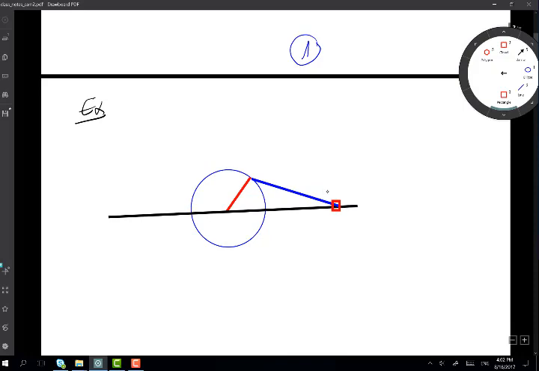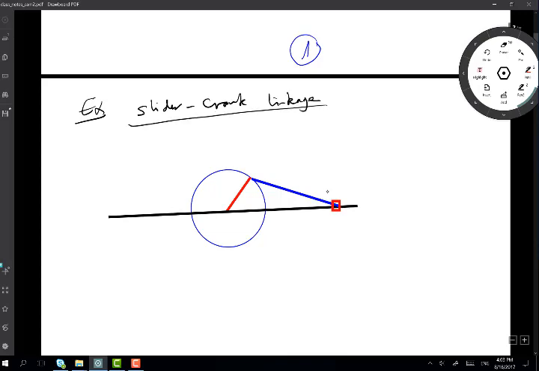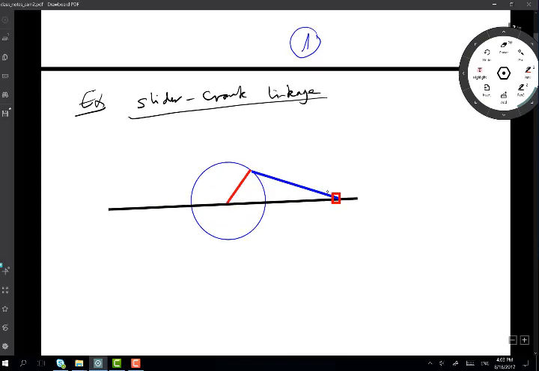We refer to this specific linkage as a slider crank linkage, where this is the crank and this is the slider.